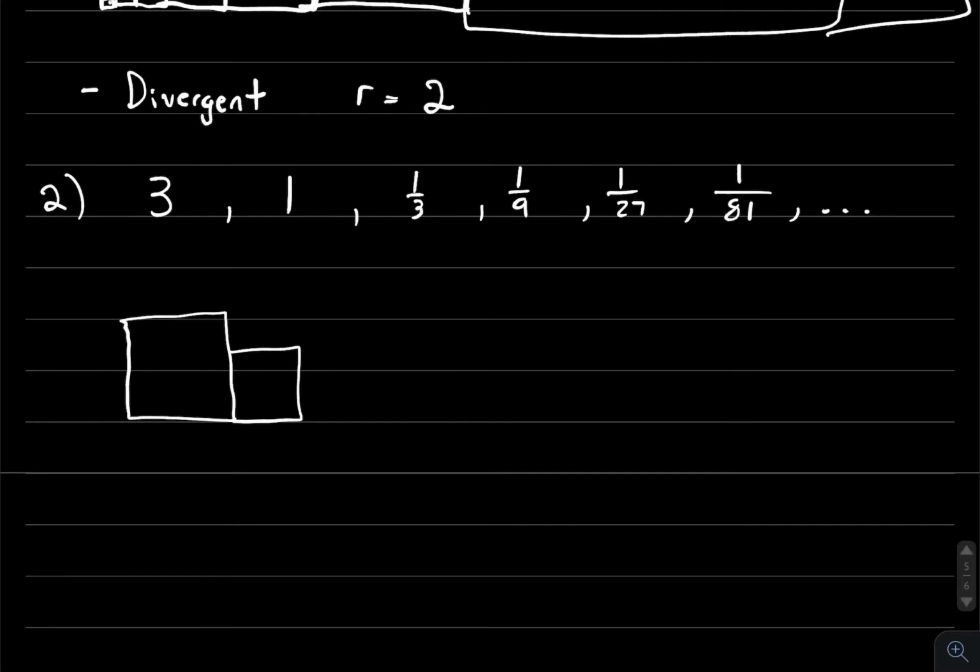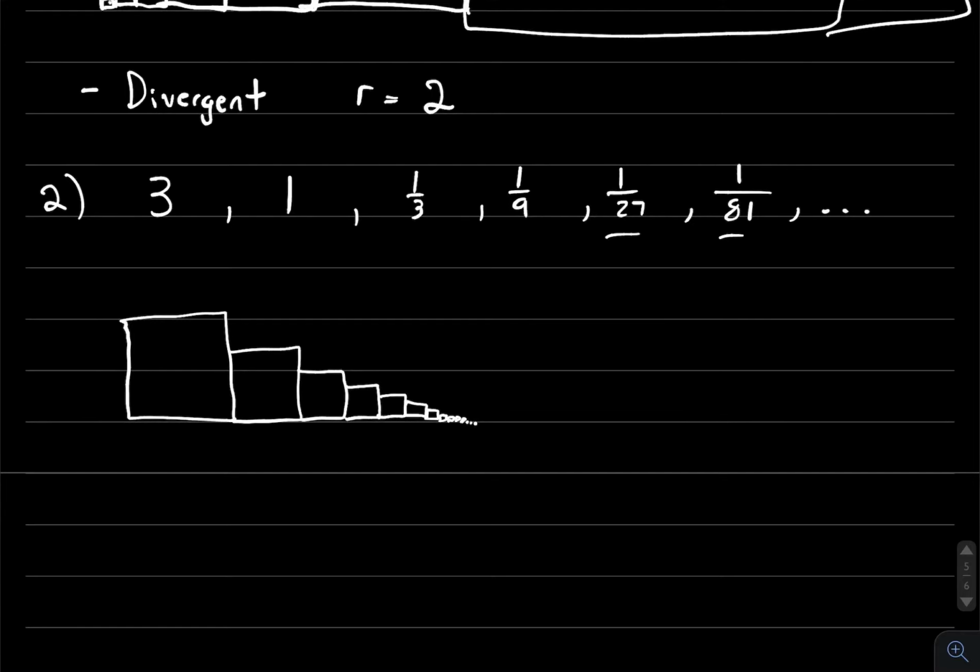Then we're adding up smaller and smaller blocks. Let's say that's 1. We're adding up the next block, which is a third, the other block, which is 1/9, the next block, and the next, and the next. These blocks are getting smaller and smaller because our fractions are getting smaller, right? 1 over 27, 1 over 81, 1 over the next one. So they're all getting smaller.